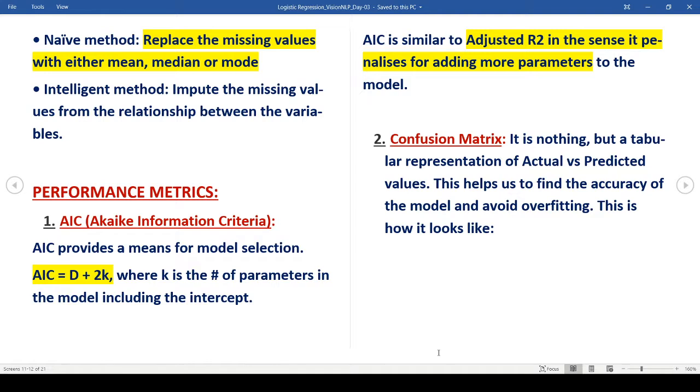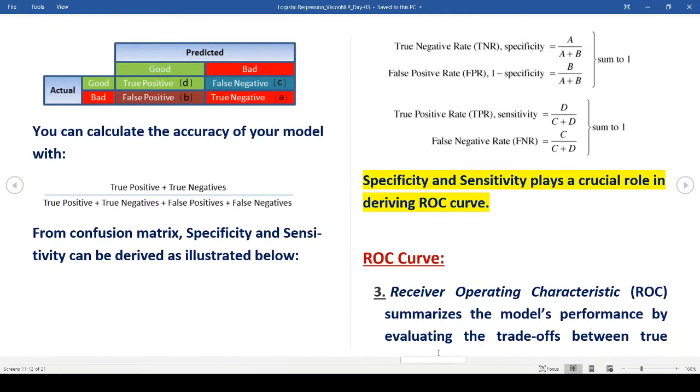This helps us find the accuracy of the model and avoid overfitting. I was talking about accuracy, right? How do you identify whether the model you have built is correct or not? It should have evaluation metrics, so that is when accuracy comes into the picture, with the help of this confusion matrix.